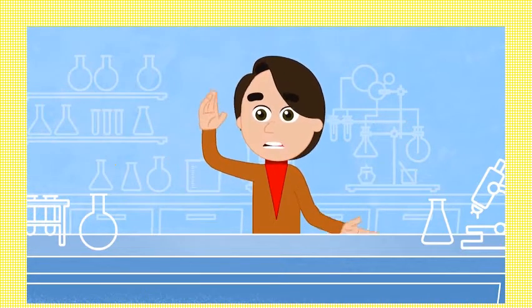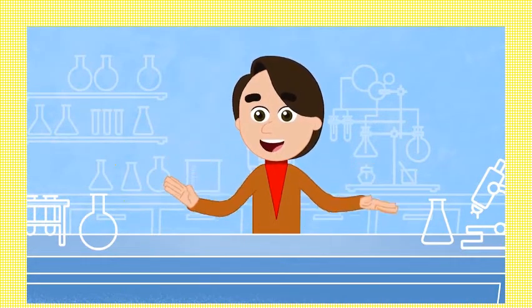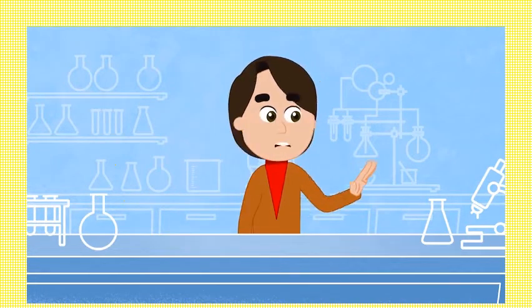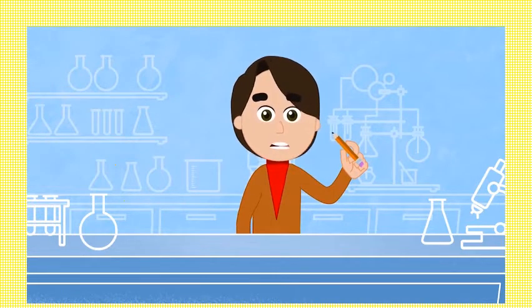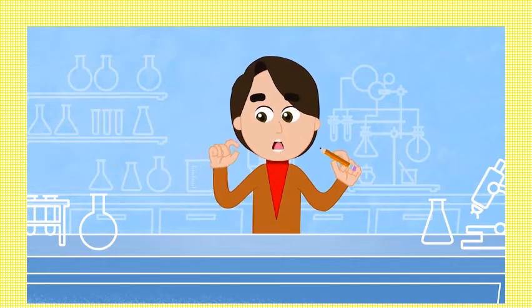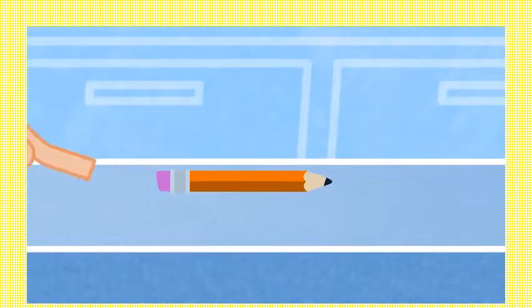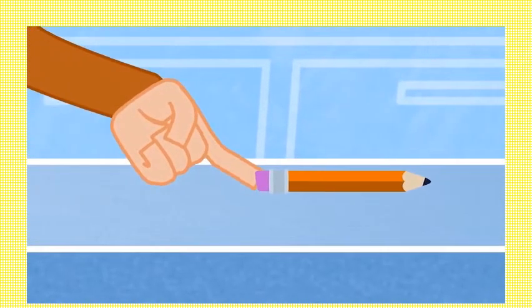So we can say the more mass an object has, the more difficult it will be to move it. For example, moving this pencil requires little strength because it's light and small. This pencil should have only 10 grams.